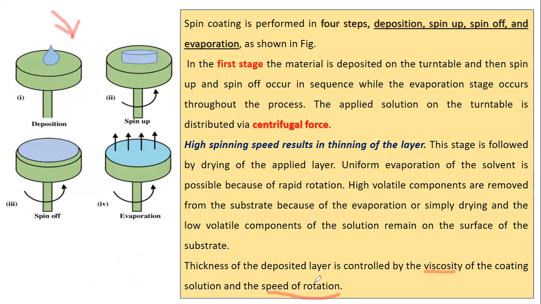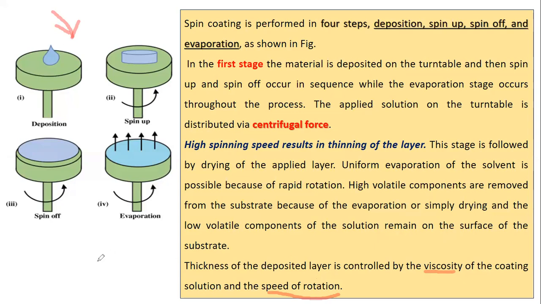If we decrease the speed of rotation, the thickness increases, and if we increase the speed of rotation, the thickness decreases and it moves towards a thinning layer. So the speed of rotation is vice versa of thickness.